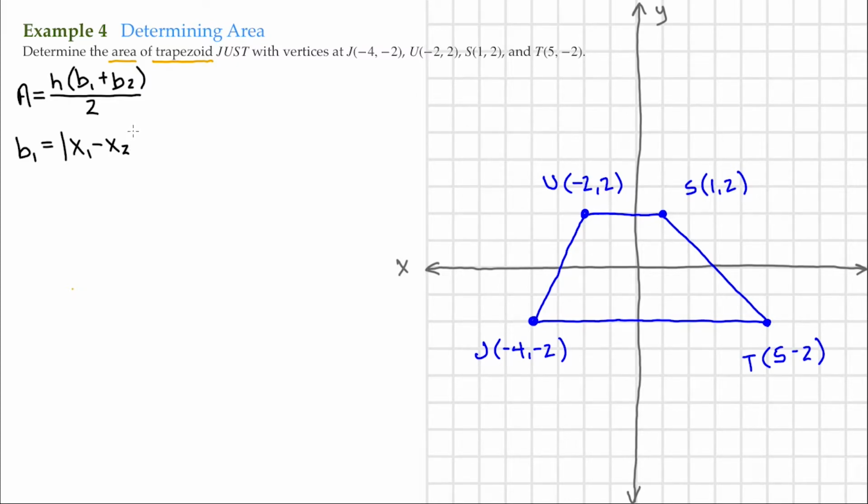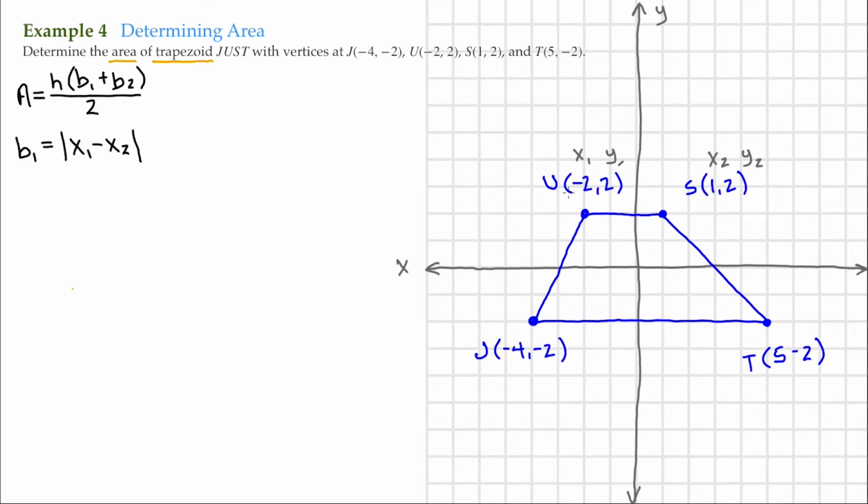The absolute value is always going to yield a positive result because, after all, we're talking about distance, and distance can never be negative. So I'm just going to designate this as x sub 1, y sub 1, and x sub 2, y sub 2.